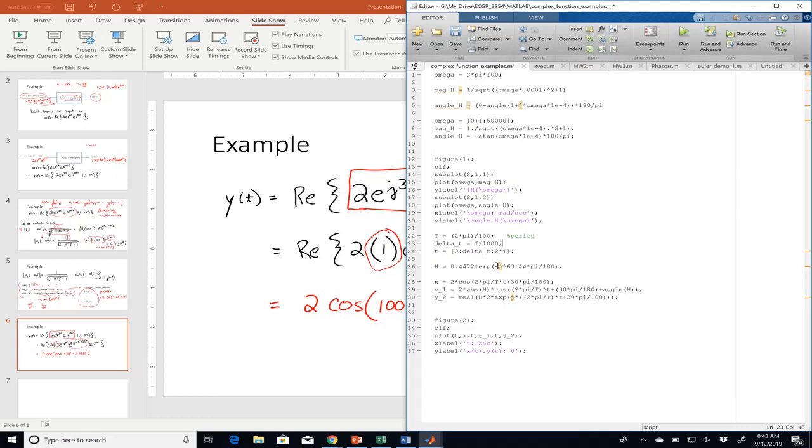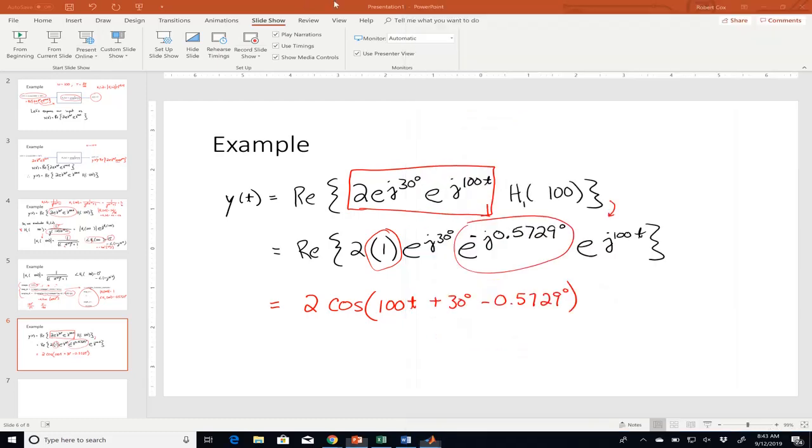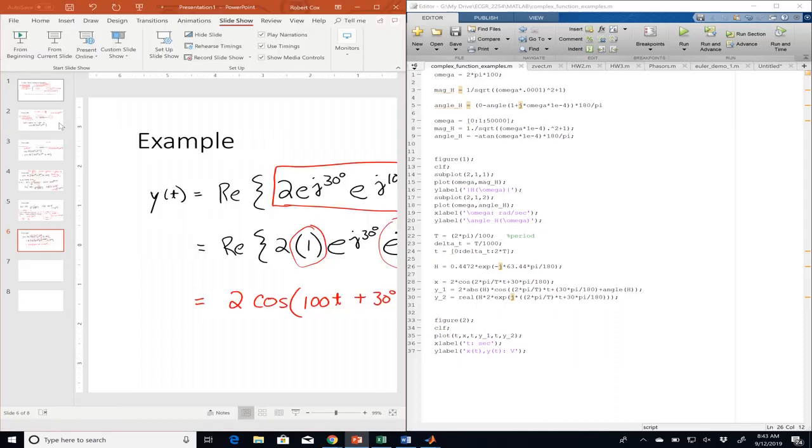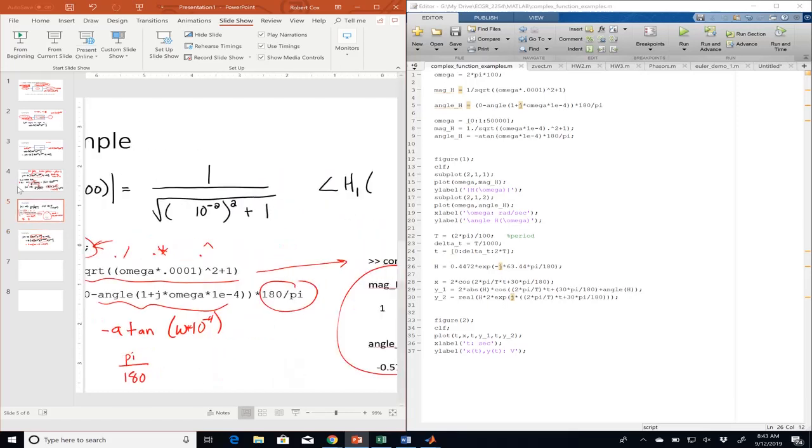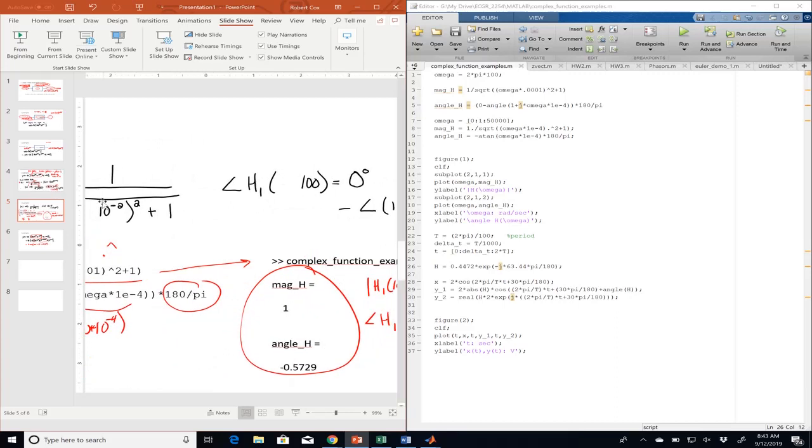Now notice what I've expressed here. This is my h. So let's go put these two things next to each other here. Okay. So in this particular case, what I said was my magnitude of h was 1.